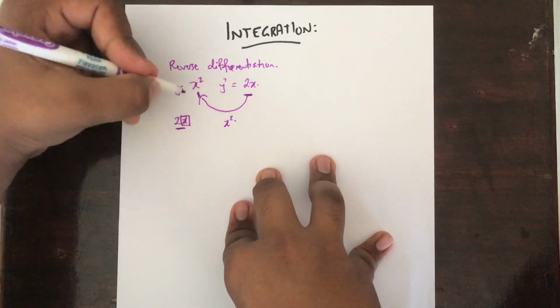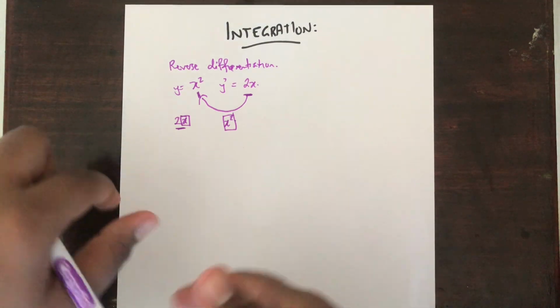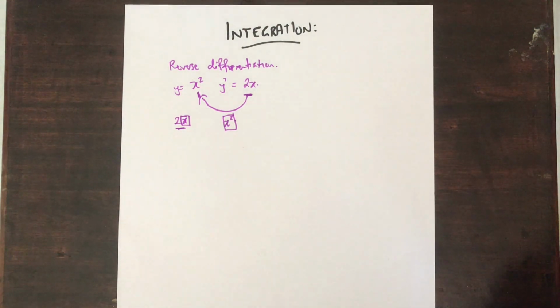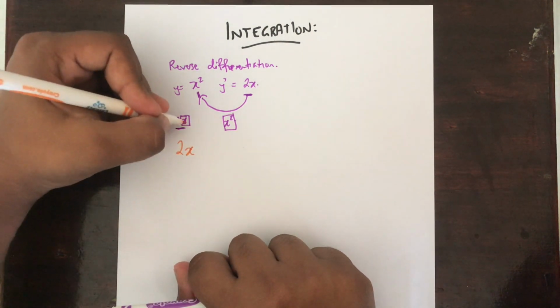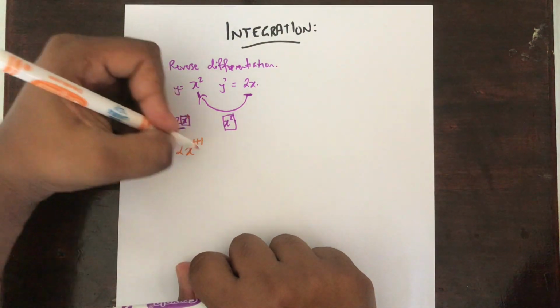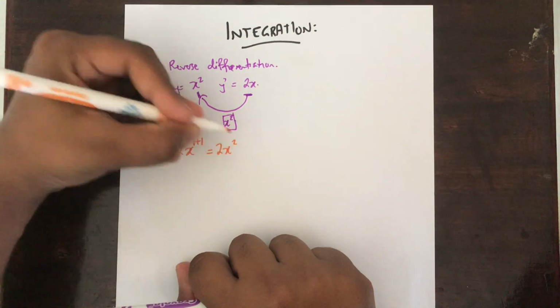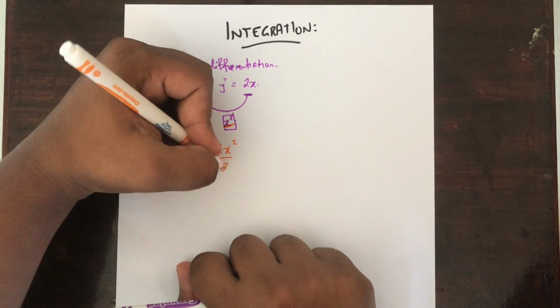Firstly, notice that this is power 1 and this is power 2. Hence, you need to add 1 to the power. So 2x, which is power 1, becomes 1 plus 1, which gives you 2x squared. But you want to obtain x squared, so you need to divide by 2.